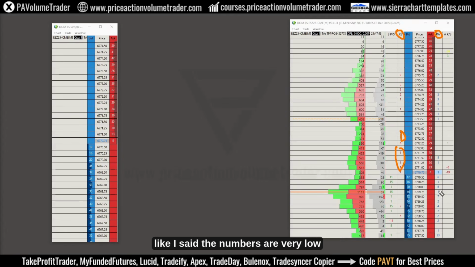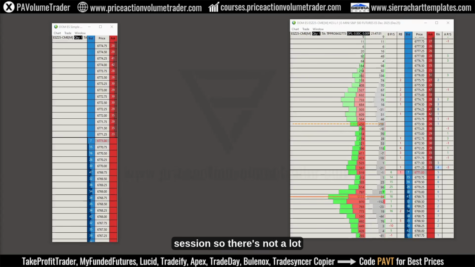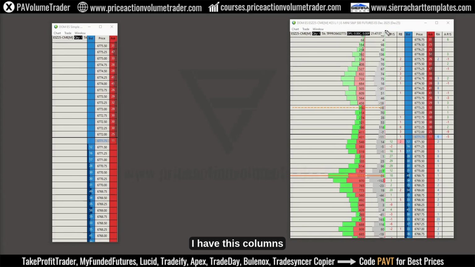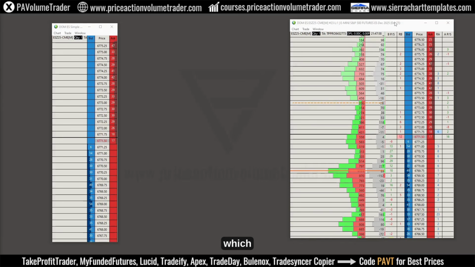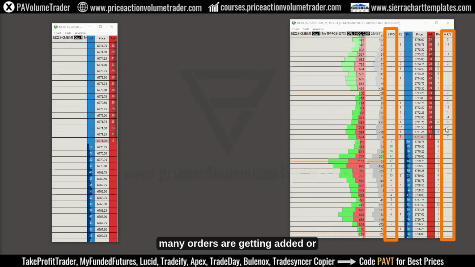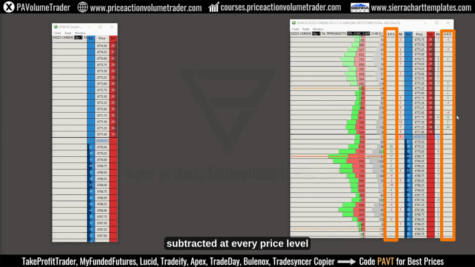Obviously, like I said, the numbers are very low because we are in the Asia session, so there's not a lot of movement right now. And then next to that, I have this column, which is what we call pulling and stacking. Okay, pulling and stacking, what it tracks is it tells us how many orders are getting added or subtracted at every price level.